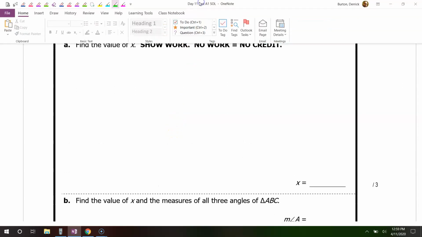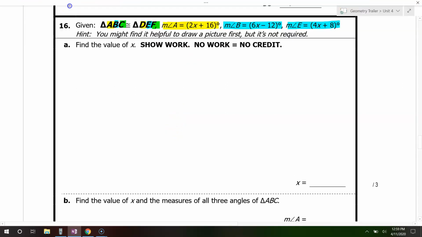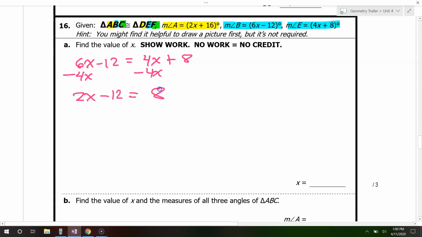Okay, so let's go ahead and find stuff. Well, the first, like I said, these two blue ones have to be equal to each other. So that means that 6x minus 12 is going to equal 4x plus 8. Subtract 4x from both sides, and that leaves 2x minus 12 is equal to 8.